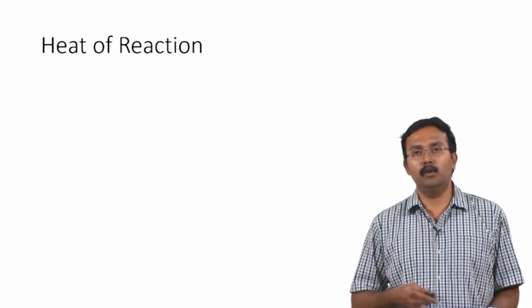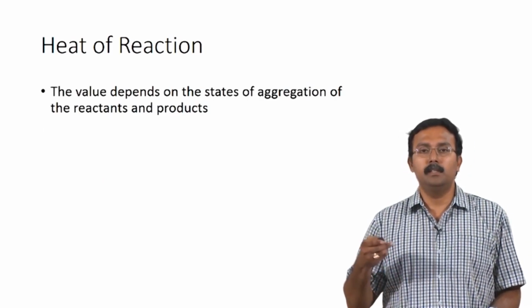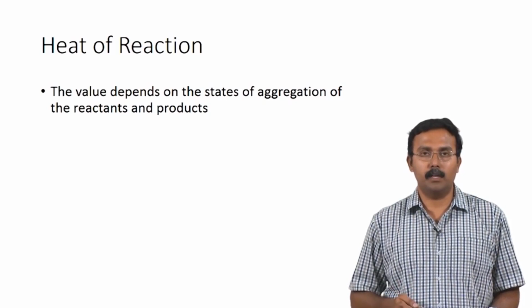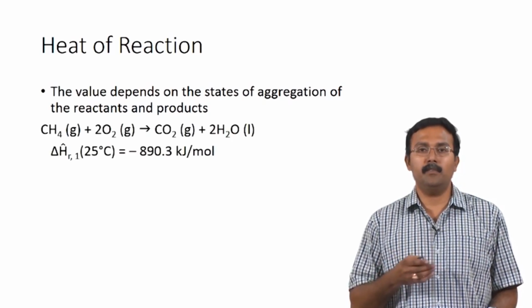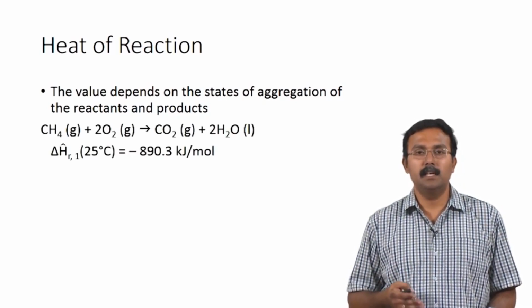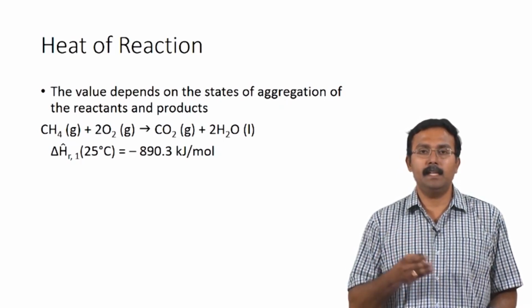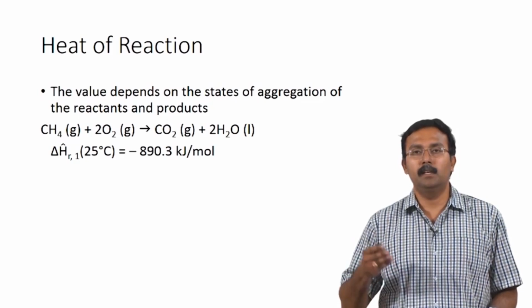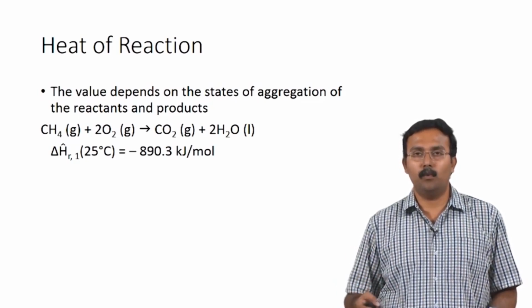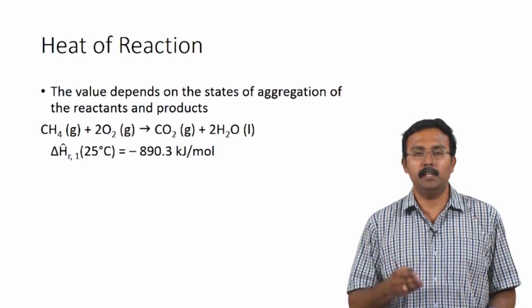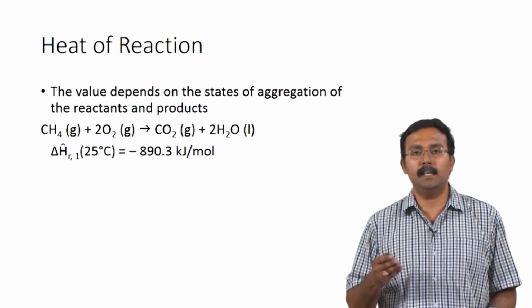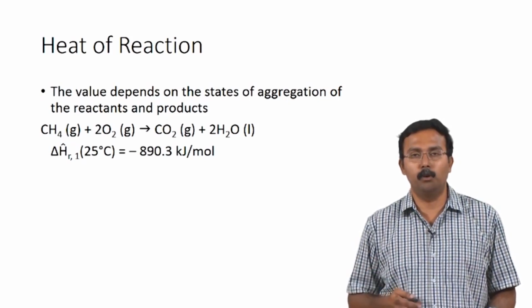Similar to this, you also have the effect due to the state of aggregation of the reactants and products. If the state of aggregation of one of the components changes, then your heat of reaction will also change. If you have methane gas plus oxygen gas forming carbon dioxide gas and liquid water, the heat of reaction is minus 890.3 kilojoules per mole.